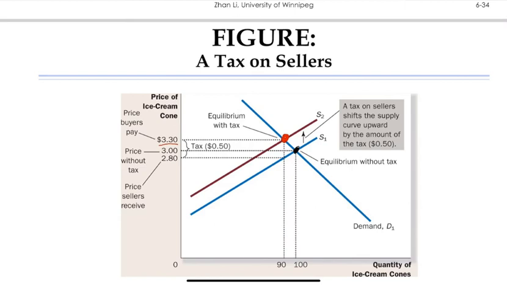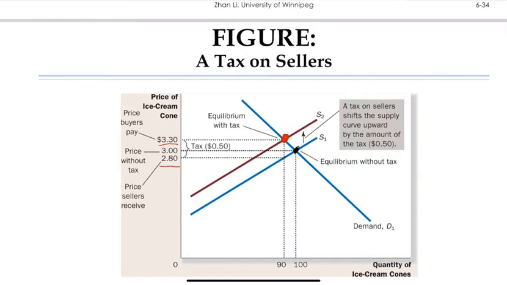However, they have to pay $0.5 tax. So in the end, sellers will only receive $2.8. And you can see here that, again, the tax is shared, right? It's actually the same result as the prior example. The buyers pay an additional $0.3, and the price sellers receive reduces by $0.2.